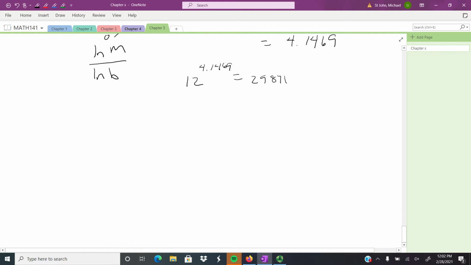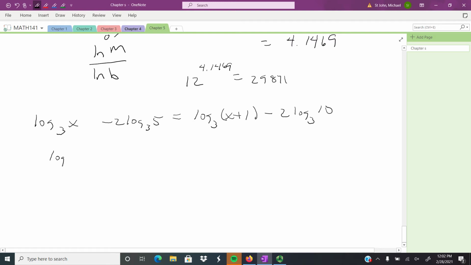So solving a logarithmic equation. Given something like this, log base 3 of x minus 2 log base 3 of 5 equals log base 3 of x plus 1 minus 2 log base 3 of 10.